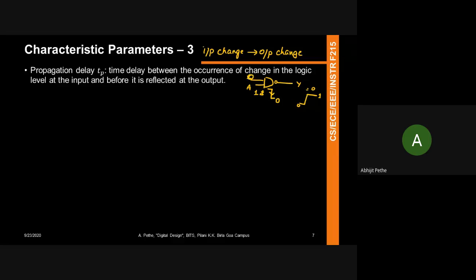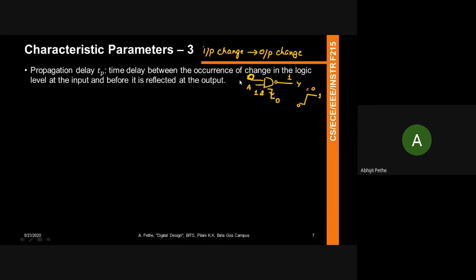However, if this was a 0, say, what happens to the NAND gate output? If this was a 0, the NAND gate output is going to be 1 at all times, independent of whether A is a 0 or 1. Everybody with me? Because if one of the inputs of the NAND gate is a 0, the output is always going to be a 1. So even if I switch the value of A here, Y is not going to change.